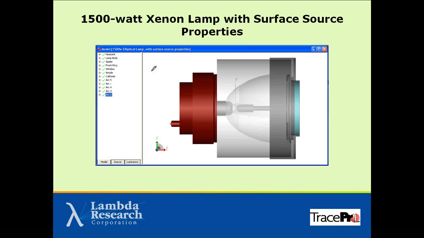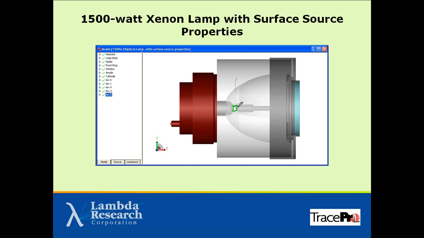Here's an example. It's a 1500 watt xenon lamp, ceramic body, elliptical reflector, and has an arc here between these 2 electrodes. The simplest way to model this arc would be to use a cylinder to represent the arc. And not a bad way to do it. I've used that method numerous times myself.